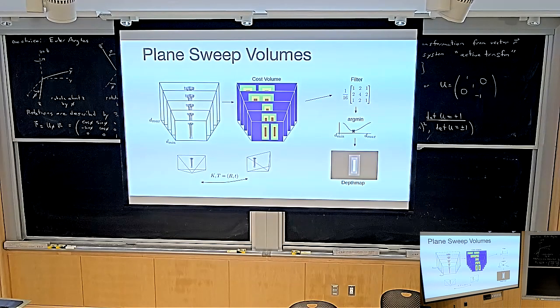So why would you do this instead of the epipolar line search? One is a very, very practical reason. This is really easy to implement, and it's very easy to parallelize, because you have this discretized search space. The epipolar line search is kind of a pain to implement, for very practical reasons, which you may or may not encounter in the homework.